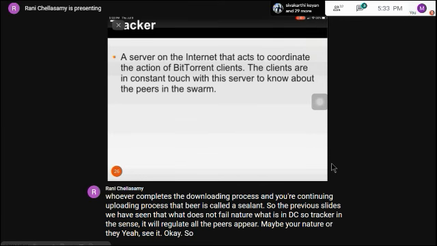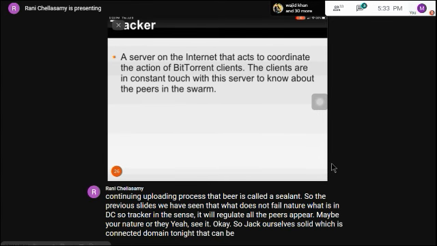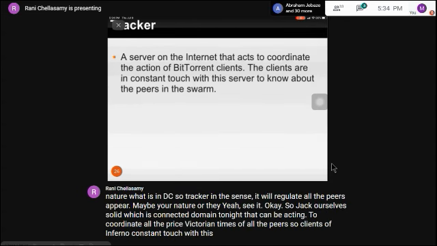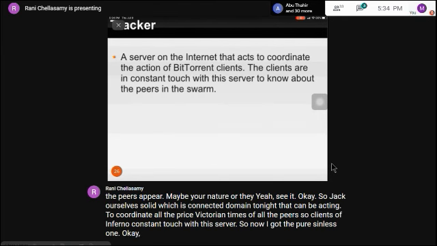So tracker is a server which is connected on the internet that will be acting to coordinate all the clients, BitTorrent clients, or all the peers. So clients are in constant touch with this server to know about the peers in the swarm. Okay, so the main purpose of the tracker is that it will coordinate all the peers.